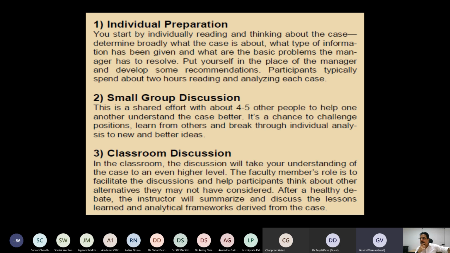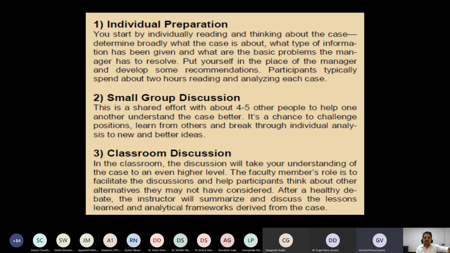Because the problem is, when we put a case, as you rightly mentioned, there are different levels. For example, if you put a case at the individual level where the person is in a dilemma, then participants who don't have much experience can relate to it. But if it is a group level problem, which needs prior experience, our limitations are shown.